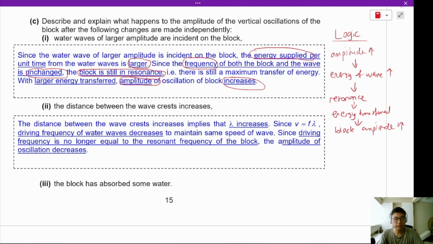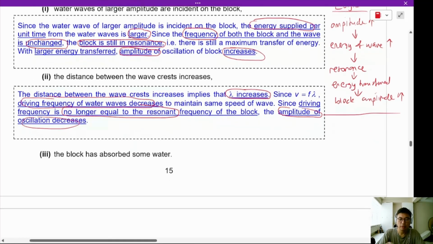Now what about the distance between the crests increasing? If the distance between the crests increases, okay, then the frequency of the water waves decreases. So it's no longer in resonance. So the amplitude of oscillation drops. Now, remember that resonance only occurs at a specific frequency.